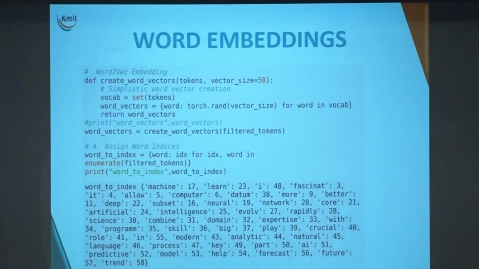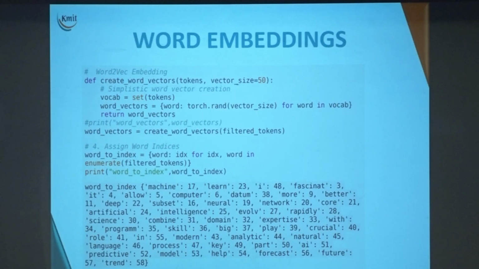When I explained embeddings today in the first session, I told you there are two ways in which you can provide vectors to words. One is by doing it on your own by random initialization. The other is through pre-trained vectors. If you are going for a larger corpus, better go for pre-trained vectors. Since you are learning the concept, we'll do it from scratch.